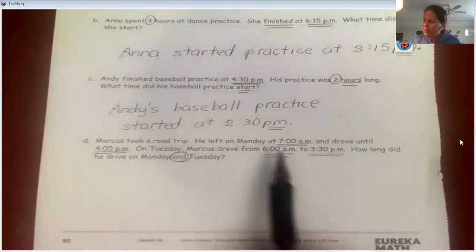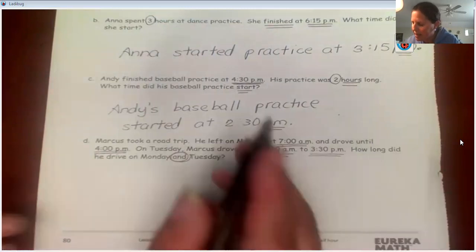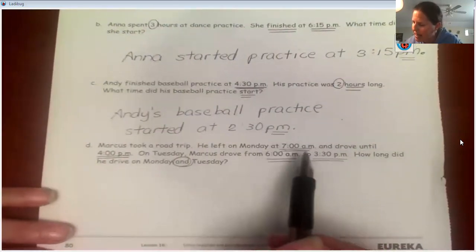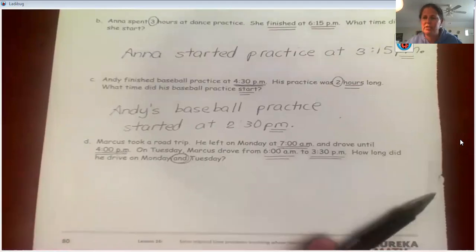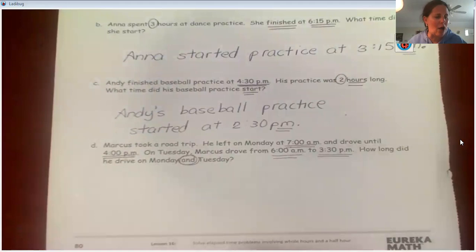So the first thing we're going to need to do is figure out how many hours he drove on Monday. Then we'll figure out how many he drove on Tuesday. And since they want to know the total number of hours, we will then need to add them up. So he left on Monday at 7 a.m. and drove until 4 p.m. Since they're both times on the hour, we can just add on hours.